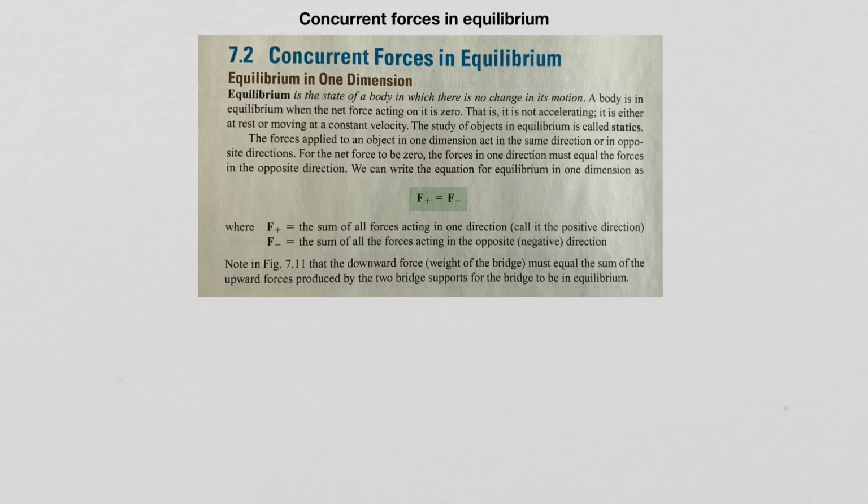So that means that the body is not accelerating, and it is either at rest or it is moving with constant velocity. Remember, constant velocity means that the direction of motion and the speed with which the body is moving aren't changing. Therefore, the body is not accelerating.